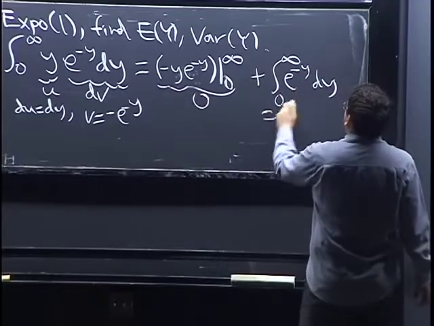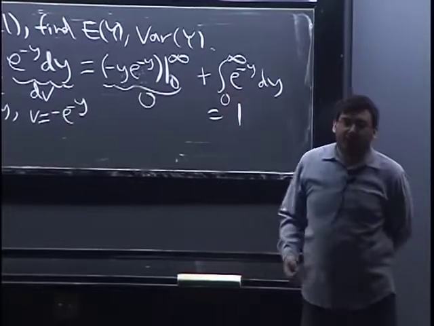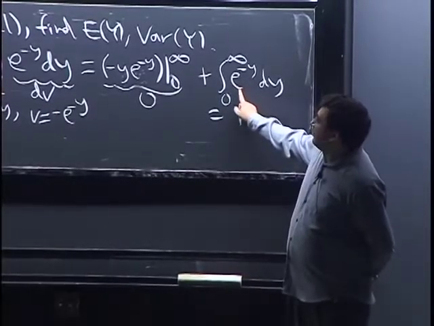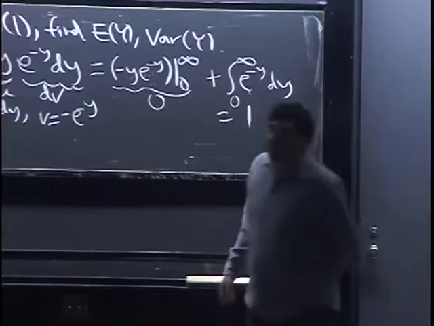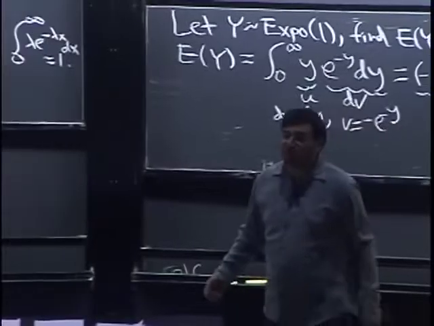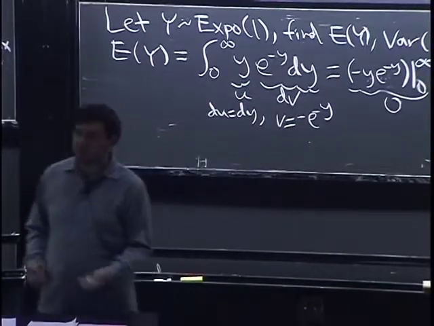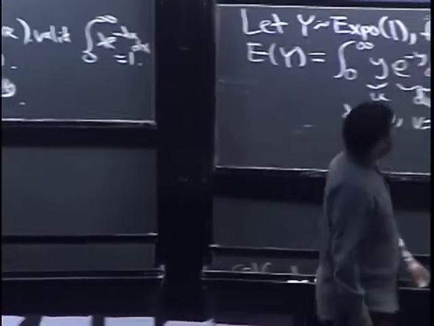And this part is just 1, either because that's an easy integral, or an even cuter way to do it is to say we're integrating the exponential 1 PDF. It has to be 1, otherwise that wasn't a valid PDF. So in this course, there are actually a lot of integrals we can do, not using calculus, but by recognizing, oh, that's a PDF, or that kind of thing. Of course, that's an easy integral anyway. Okay, therefore the mean is 1.